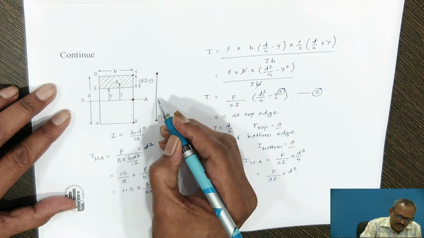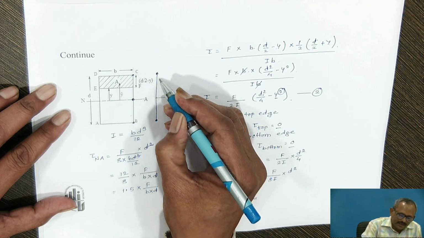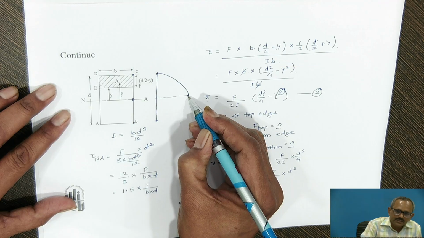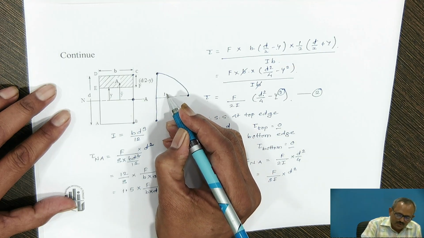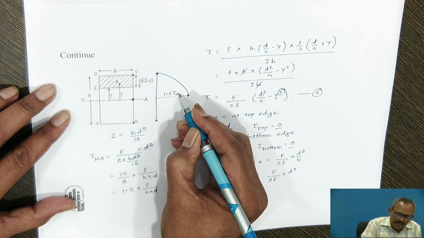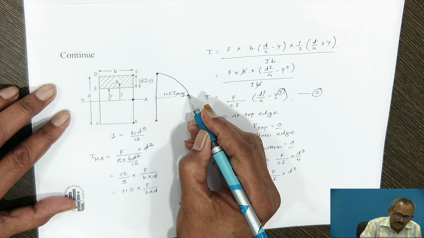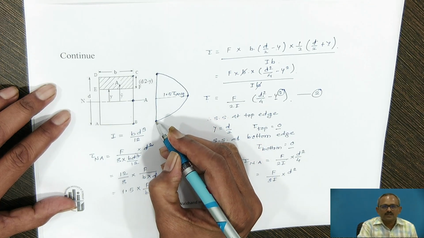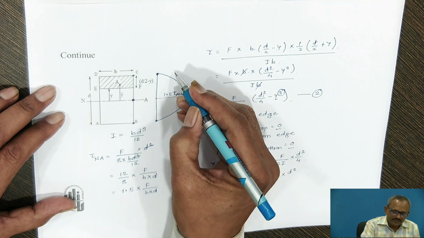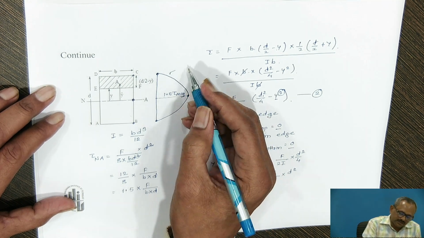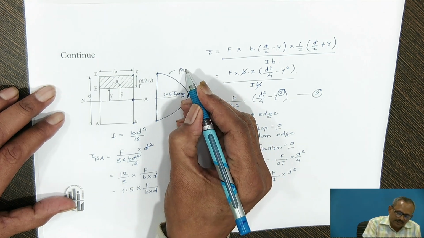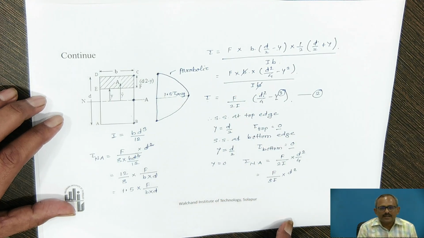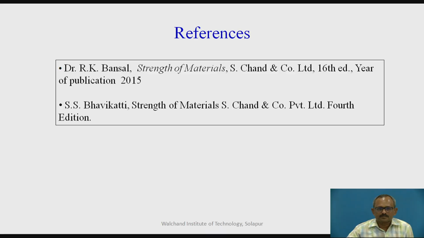From 0 at the top edge, the shear stress goes on increasing and is maximum at the neutral axis, that is 1.5 times the average shear stress, and from its maximum value it goes on decreasing to 0 at the bottom edge. So shear stress varies according to a parabolic curve across the depth of the section.